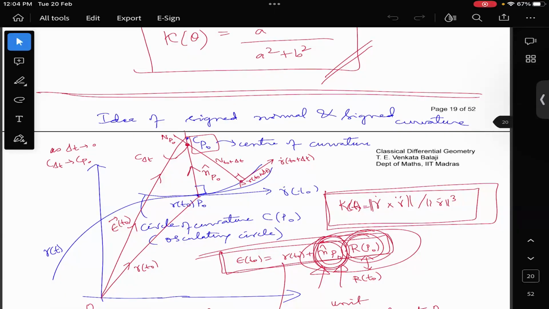In that formula, the usual normal that we consider geometrically is called the geometric normal, and that is a normal that always points towards the center of curvature. Sometimes, depending on whether the curve is concave or convex, the direction of the geometric normal and the direction of the sine normal can change. That is what creates an issue with the sign, and that sign issue is absorbed in the curvature and you call it the sine curvature.